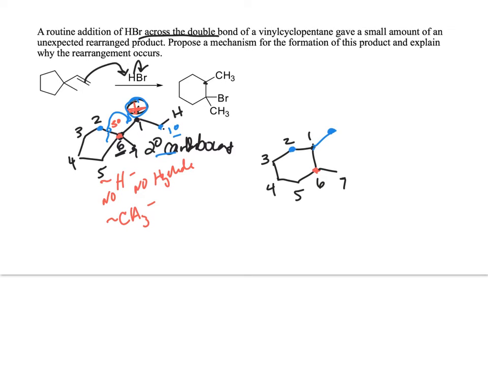So 6 gets the carbocation now. As you can see, that is a tertiary carbocation. And you have the bromide nucleophile that can come in and attack there. As you see, that is the product that they showed here.